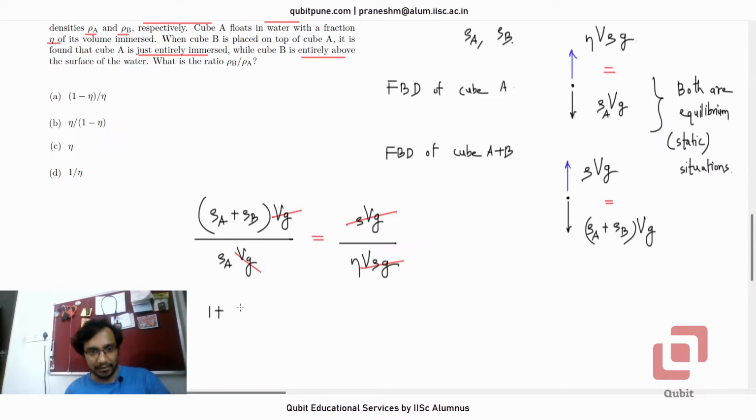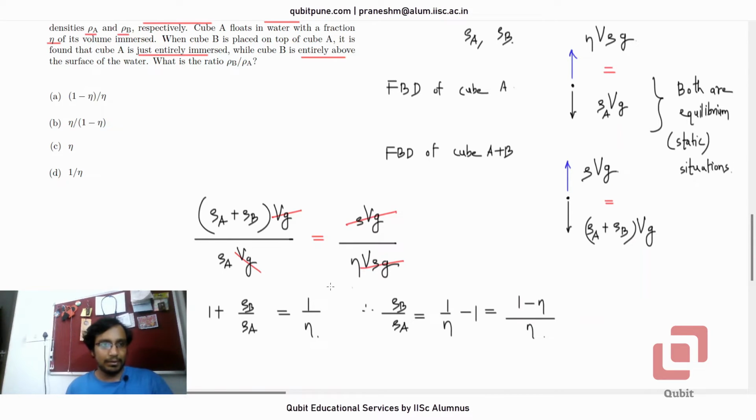So it will be 1 plus the ratio that we want, rho B by rho A, equaling 1 over eta. Okay, so the ratio that we want, rho B by rho A, how much will that be? That will be 1 upon eta minus 1 or 1 minus eta by eta. Okay, you have to choose the options carefully. In this case, it is option A.